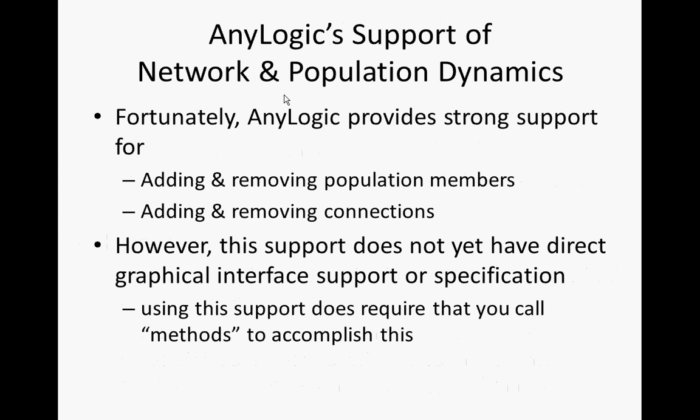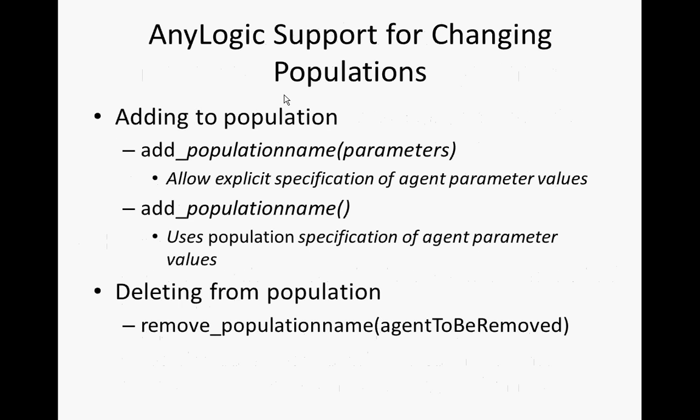However, that support is limited. For example, the aspect of network dynamics is something that is going to require a little bit of custom code. Let's just talk a little bit about how that's done in AnyLogic. If we have a population named in the main class, remember populations commonly live in the main class, if you do add underbar population name, you can add a person into the class.